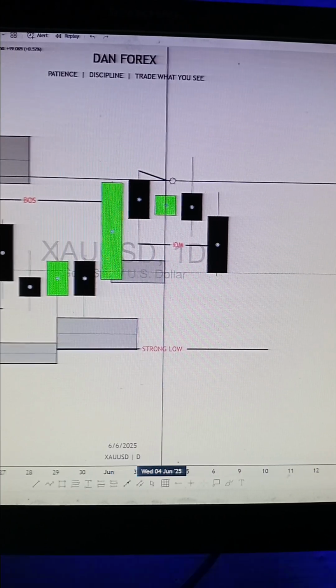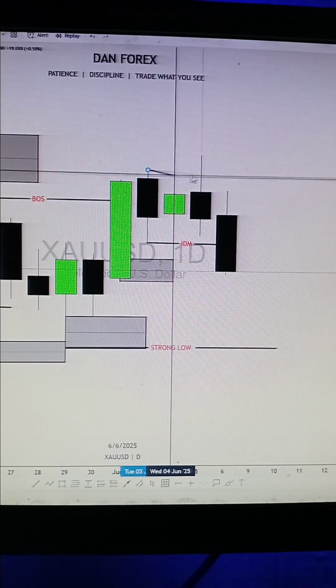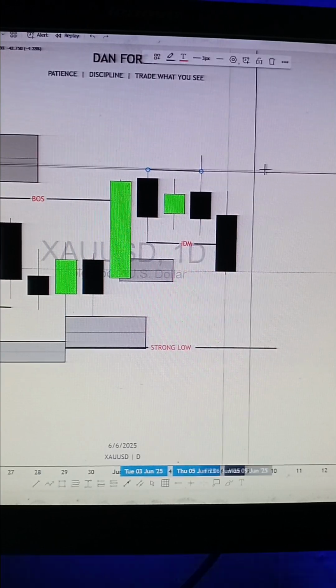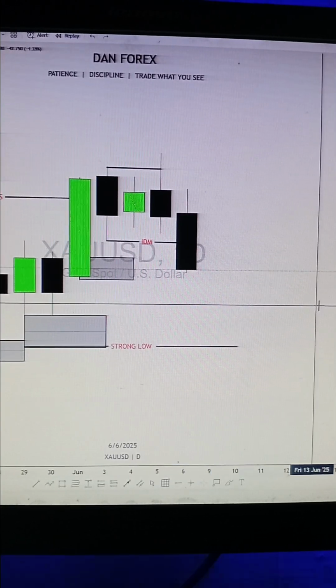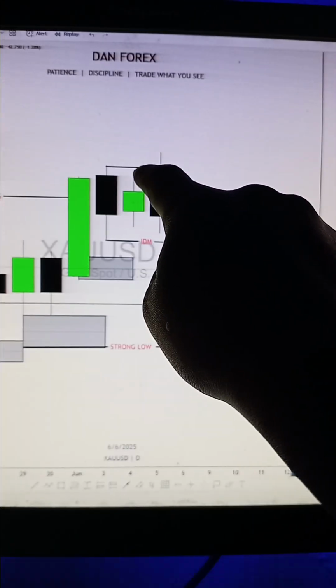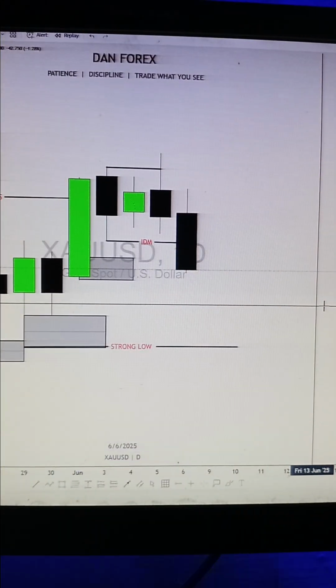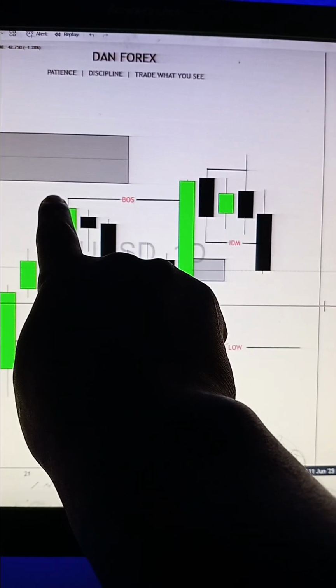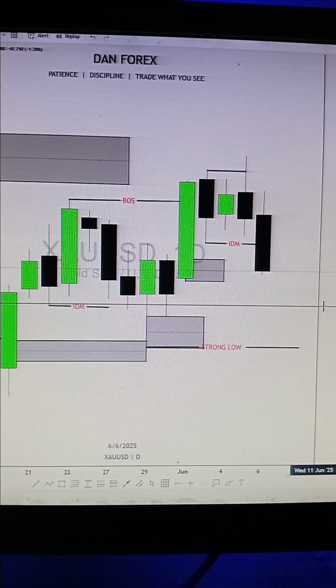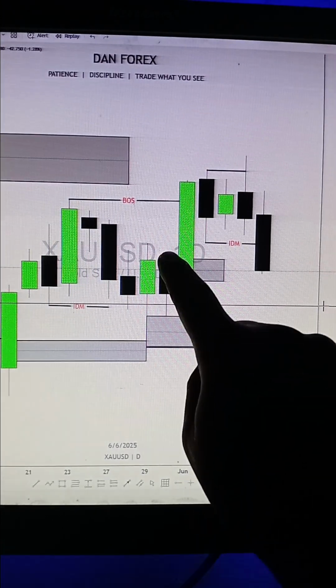closing inside the range of those two candles. So after sweeping the high, we are supposed to be targeting the low. But remember this, we have a breakout structure, and this candle here, this black candle, is our demand.